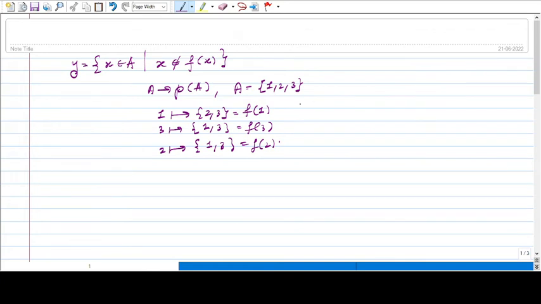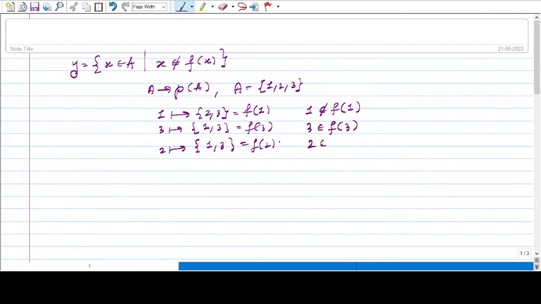So can we construct the set Y here? Yes, because what is Y telling? X does not belong to f of x. Here, does 1 belong to f of 1? No. So 1 does not belong to f of 1, because f of 1 is just {2, 3}. Does 3 belong to f of 3? Yes, 3 belongs to f of 3. Does 2 belong to {1, 3}?